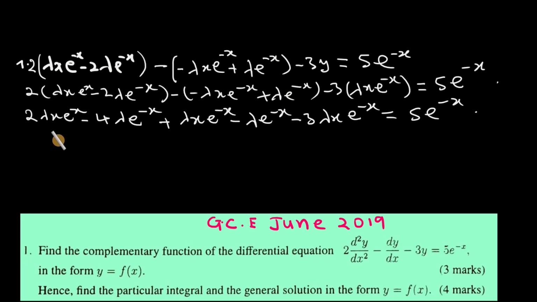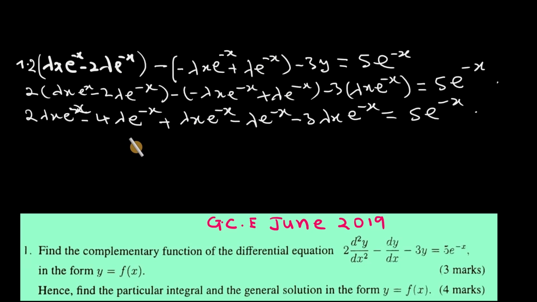So I need to put the like terms together. Looking at the terms with lambda x e to the minus x, we have 2 lambda x e to the minus x here, and then 1 lambda x e to the minus x, that's plus 1, minus 3 lambda x e to the minus x, which is minus 3. That is 3 minus 3, which is 0, lambda x e to the minus x, which equals 0. So the terms in lambda x e to the minus x become 0.